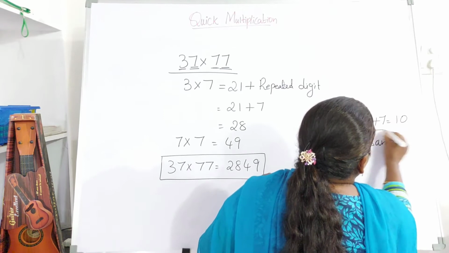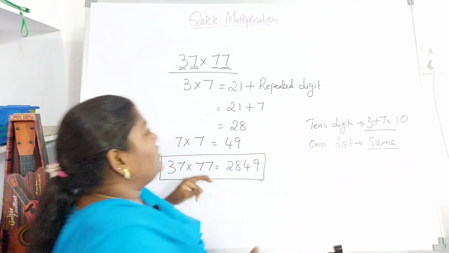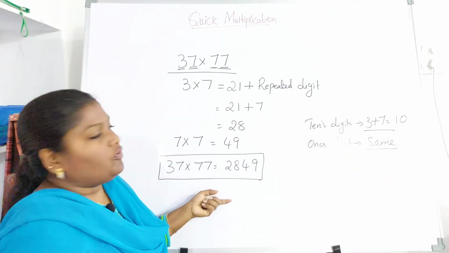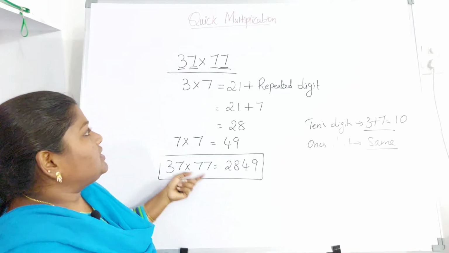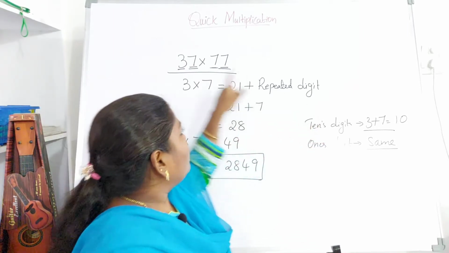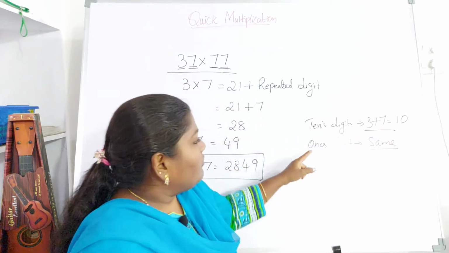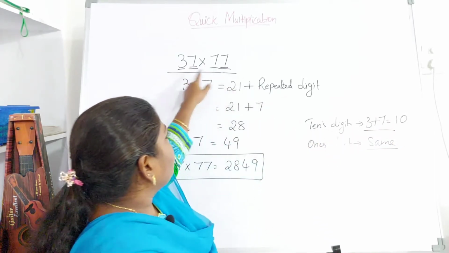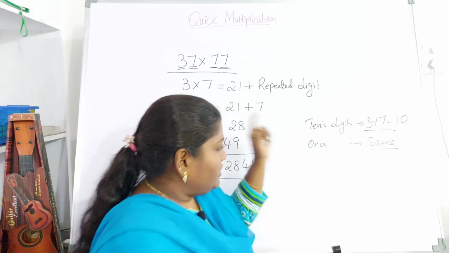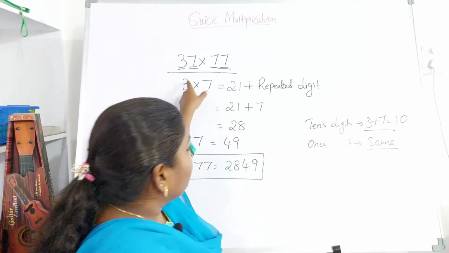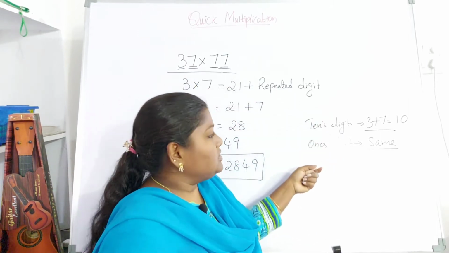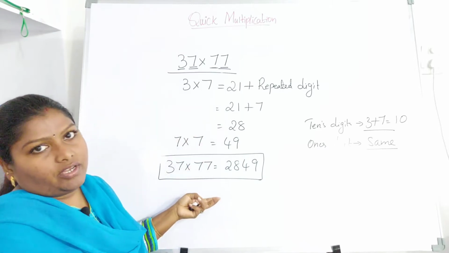If these two conditions are satisfied, then this is the process you need to follow. I repeat once again: the tens digits of the two numbers should sum up to 10 and the ones digits should be the same. If the numbers satisfy these rules, then this is the method to find the answer.